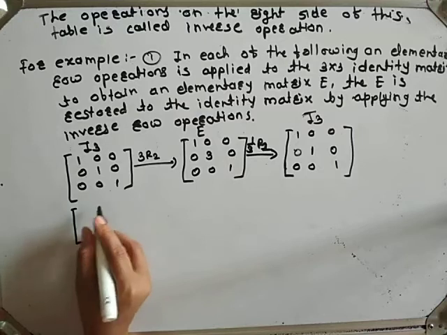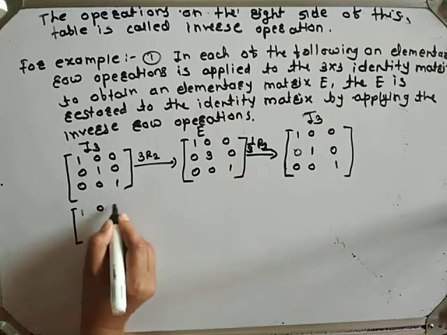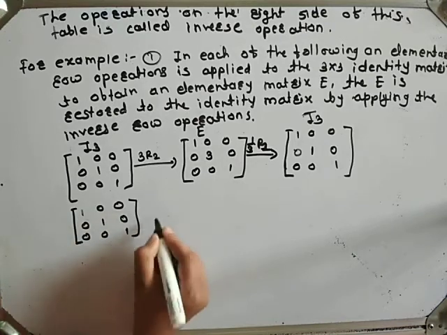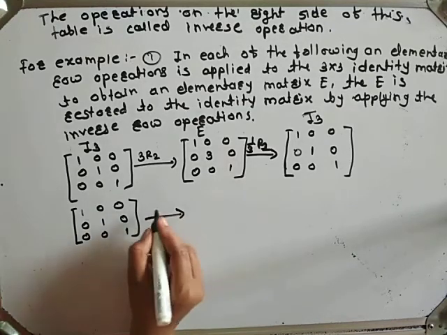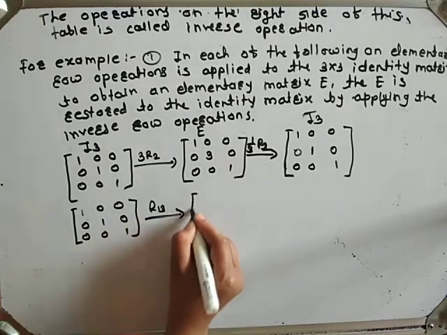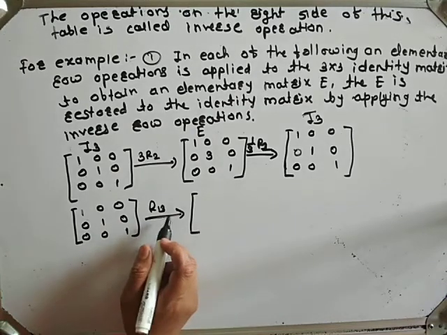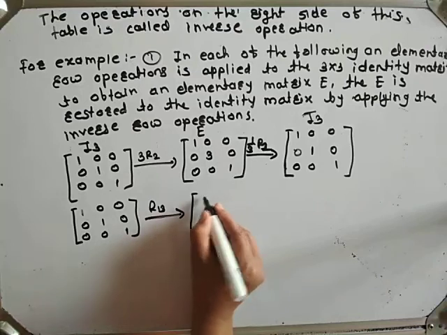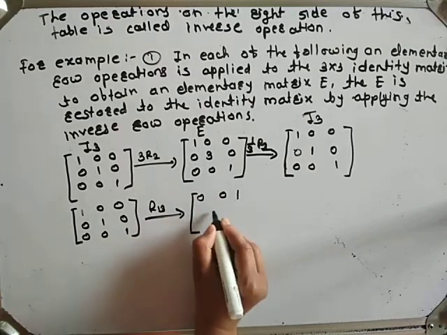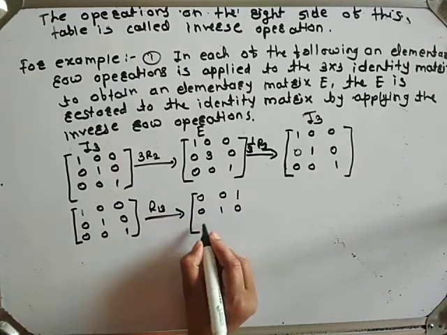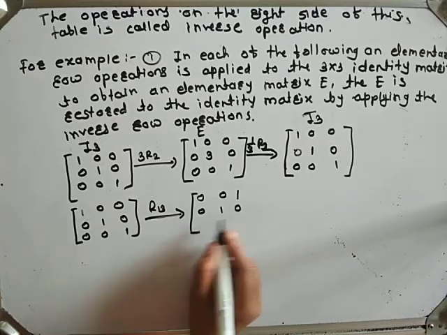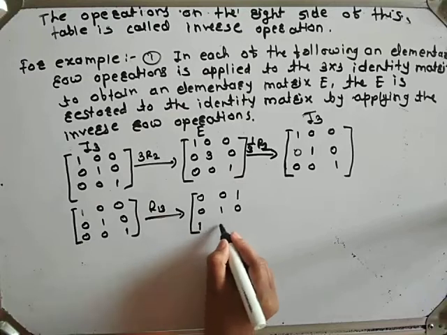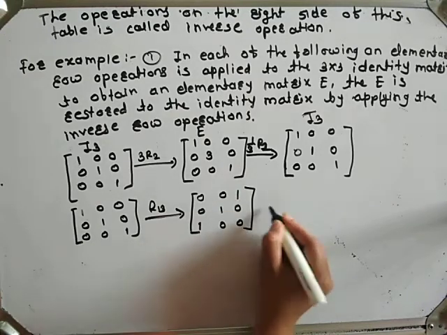Next, I3 is 1 0 0, 0 1 0, 0 0 1. Here we perform the operation R13, that means interchange of the first and third rows. What we get: 0 0 1, second row as it is 0 1 0, and the third row is the first row, 1 0 0.